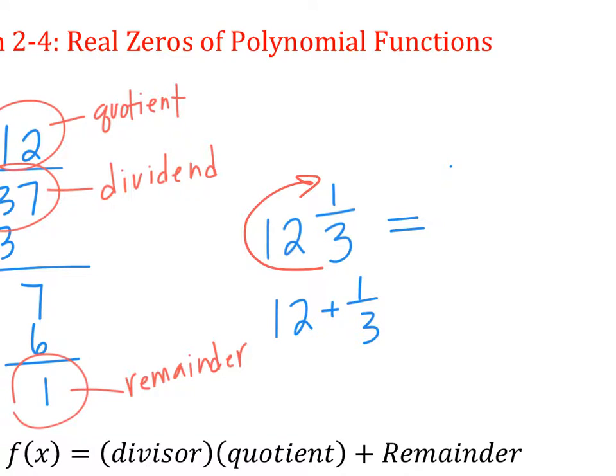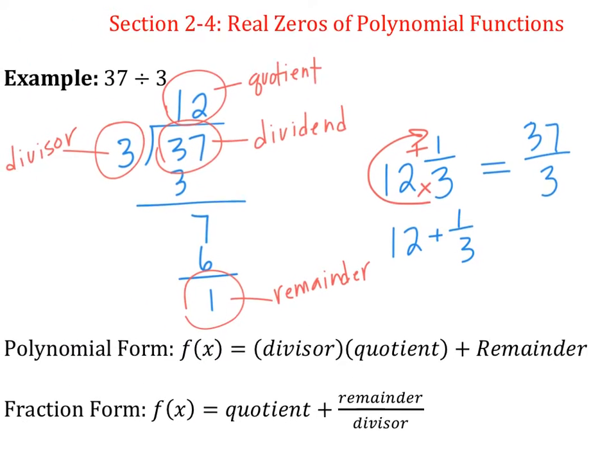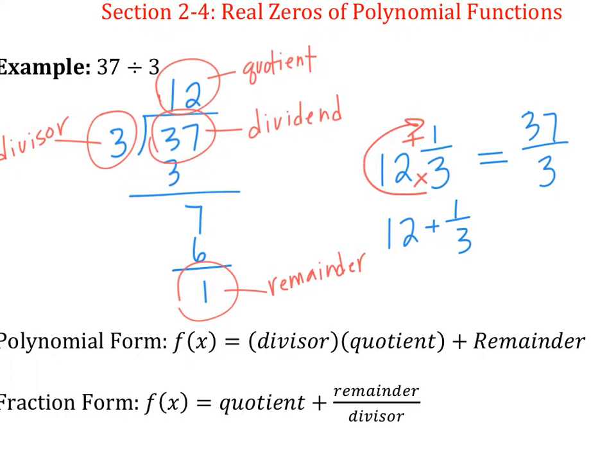So 3 times 12 plus 1. Okay, so 37 over 3. We need to remember all that because that's how we're going to write polynomials. One is called the fraction form, the other is called the polynomial form.